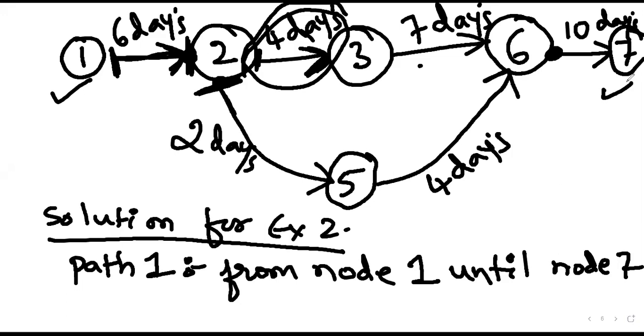How many paths are possible from node 1 until node 7? I will solve one path and then you will get an idea of what a path is. The first path is nothing but 1, 2, 3, 6, 7. That means starting from the first node, we are going until the 7th, last node.